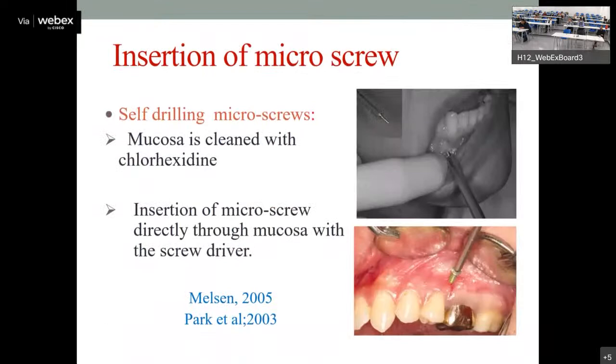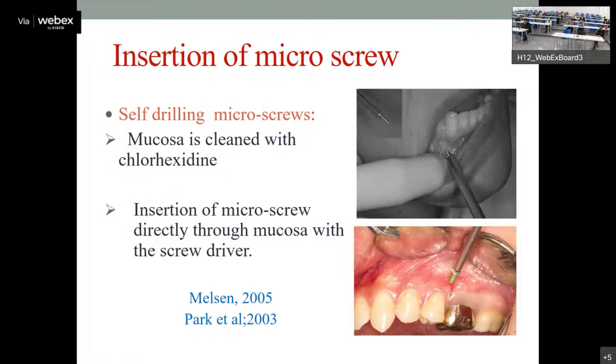The second technique is the self-drilling, which I prefer, and I feel it is easier than the self-tapping technique. You just need to clean the mucosa with chlorhexidine after you locate the insertion point. You can ask the patient to rinse with chlorhexidine, and sometimes you can use gauze soaked with chlorhexidine and clean the area.